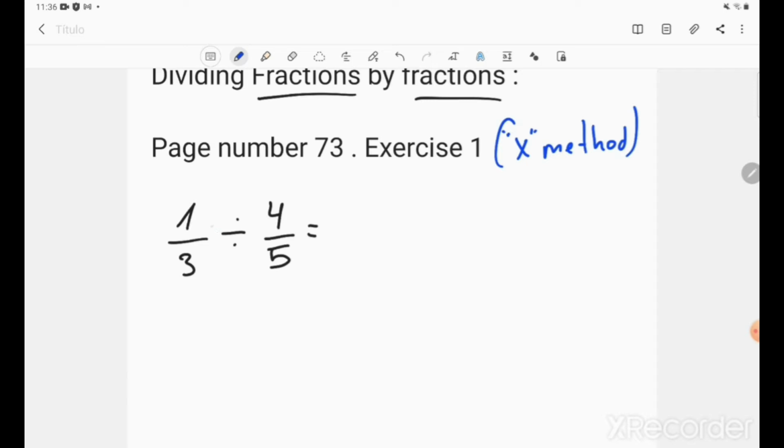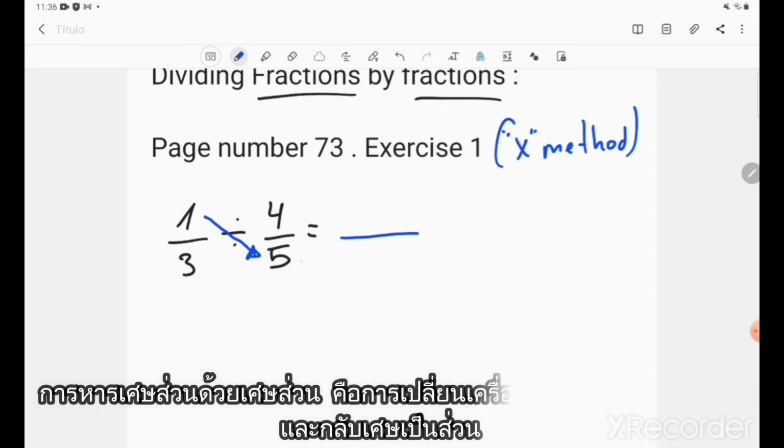Okay, we are going to write the line of the fraction, and then we are going to multiply from the first fraction the numerator, and from the second fraction the denominator. Okay, this one multiplied by this one, and then we are gonna write the answer right here.